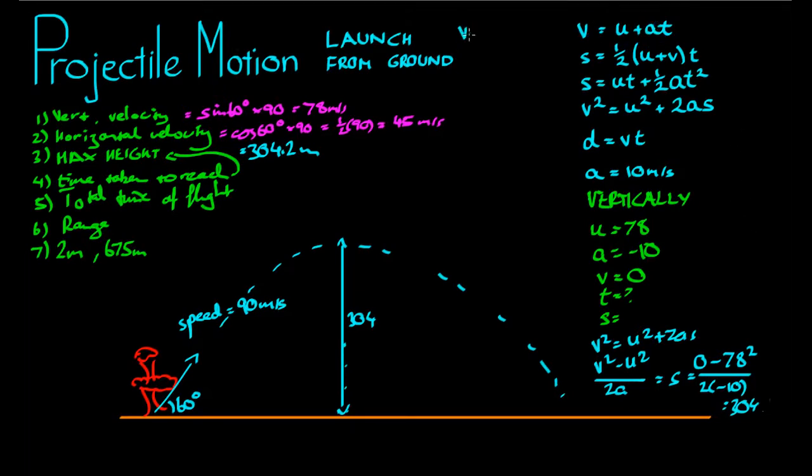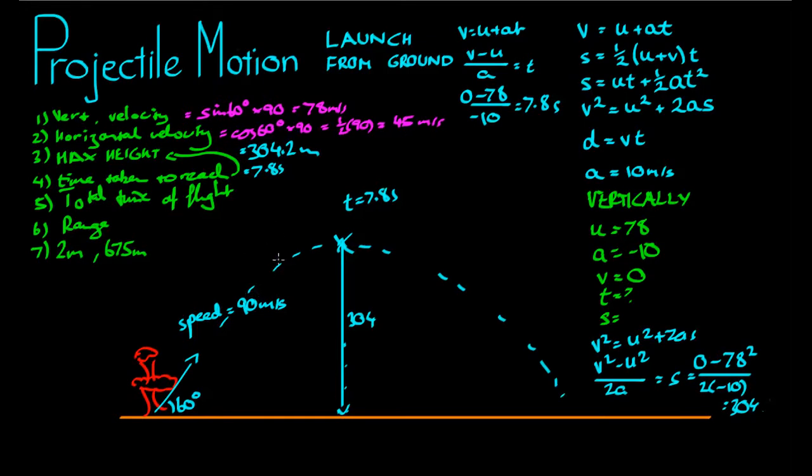So v is equal to u plus at, v take u on a equals t, v take u would be 0 take away 78 over -10, which is equal to 7.8 seconds. So at the point where the debris passes that point there, time equals 7.8 seconds. Time to reach the max height, 7.8.